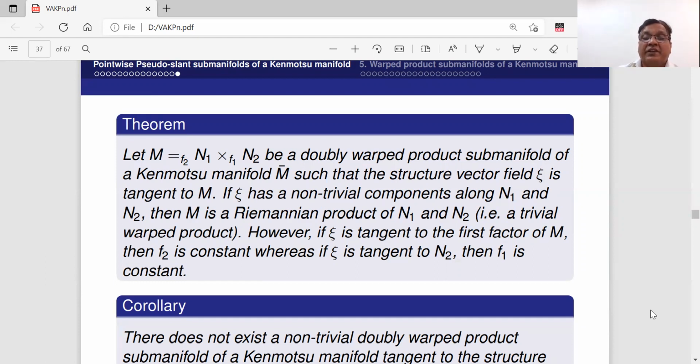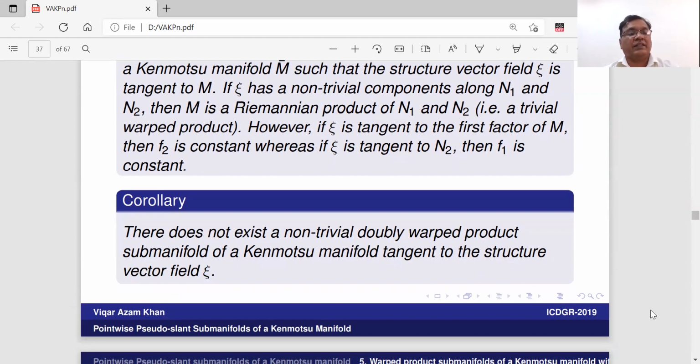However, if xi is tangent to the first factor of M, then F2 is constant. Whereas if xi is tangent to N2, then F1 is constant. So we are led to only some manifolds where xi is either tangent to N1 or N2.